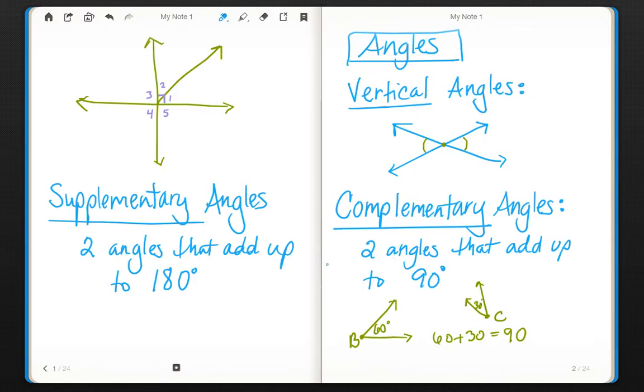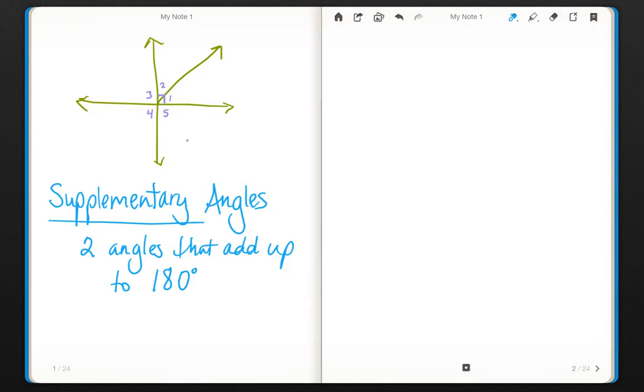Supplementary, they add up to 180. And so if we look right here, back at this one, we have angle 4 is a right angle. Angle 5 is a right angle. Well, we know 90 degrees plus 90 degrees add up to 180. So therefore, angles 4 and 5 together form a pair that are called supplementary angles.